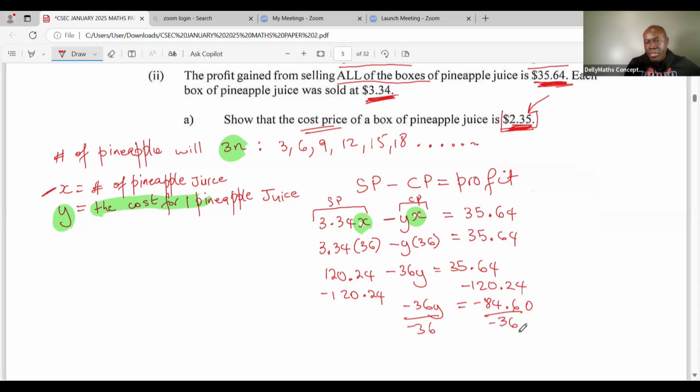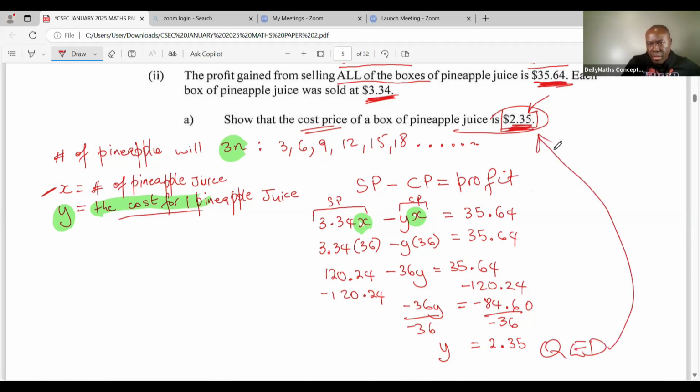I'm going to have to divide both sides by negative 36. Why? Remember that y is the cost for one, and I'm supposed to prove the cost for one. And if we divide this, we're actually going to get 2.35. Hence the proof. All right. So there it is. We were able to prove the cost for one.